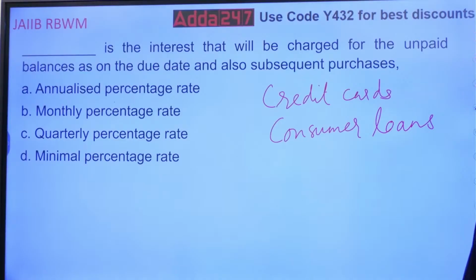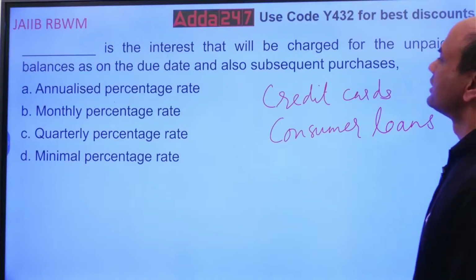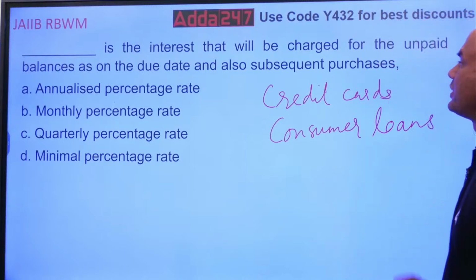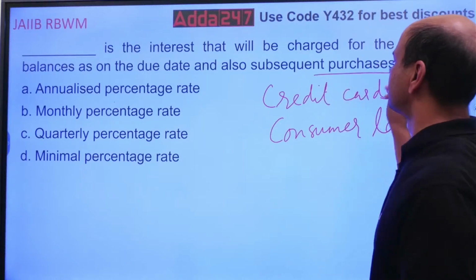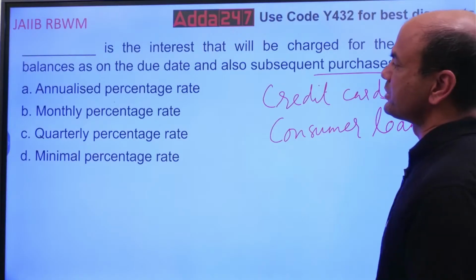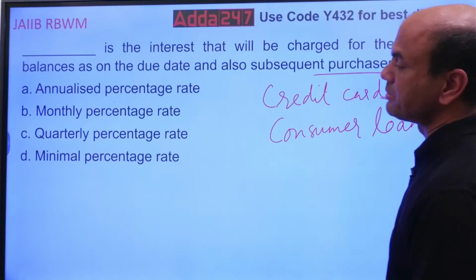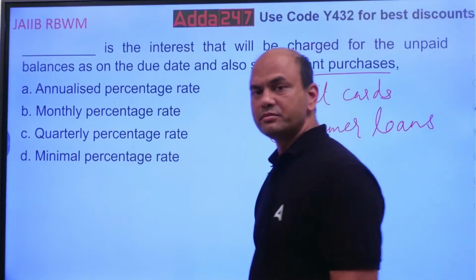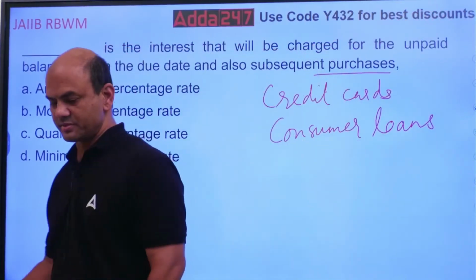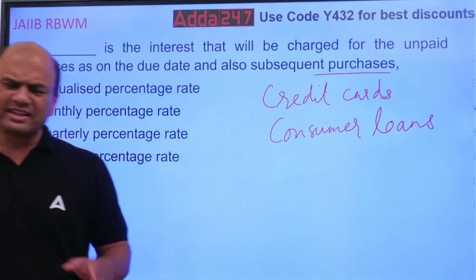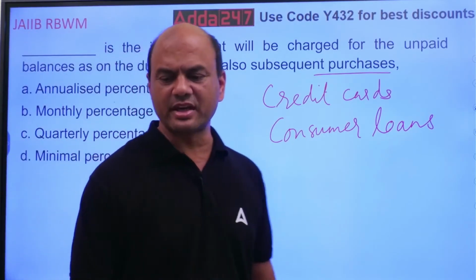Dash is the interest charged for the unpaid balances on the due date and also subsequent purchases, further purchases. Annualized percentage rate, monthly percentage rate, quarterly percentage rate, and minimal percentage rate. So what is charged? Mainly in credit card you will see this.